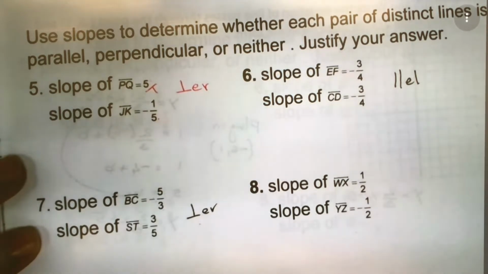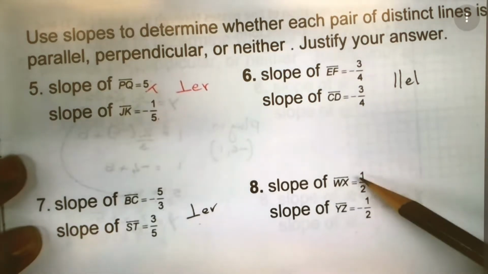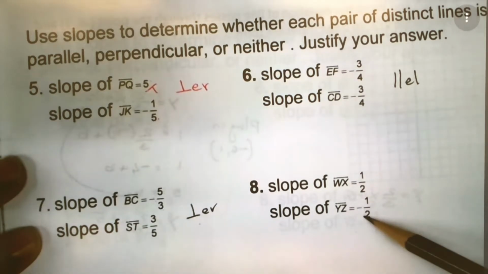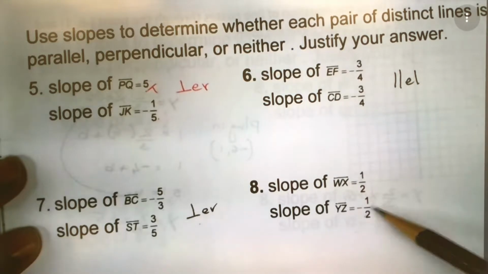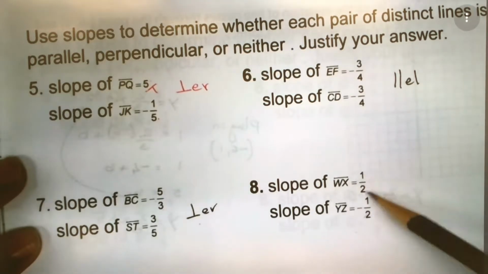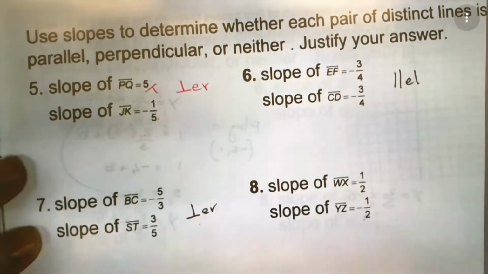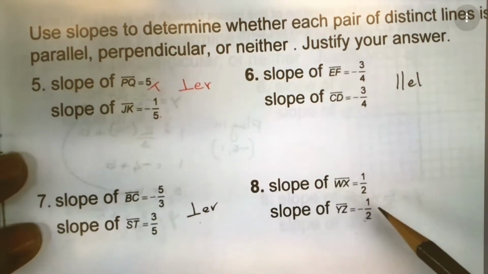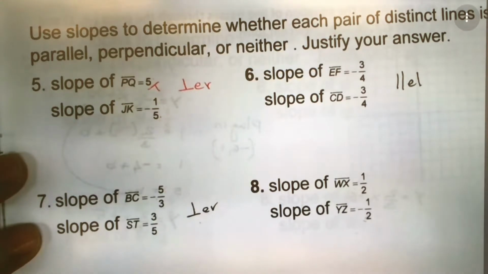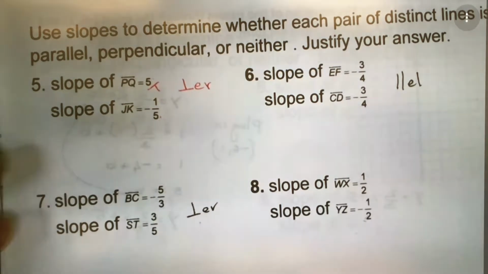Since the slopes are not the same, they are not parallel. The slopes are not opposite reciprocals either, so they are not perpendicular. So those lines are neither parallel nor perpendicular.